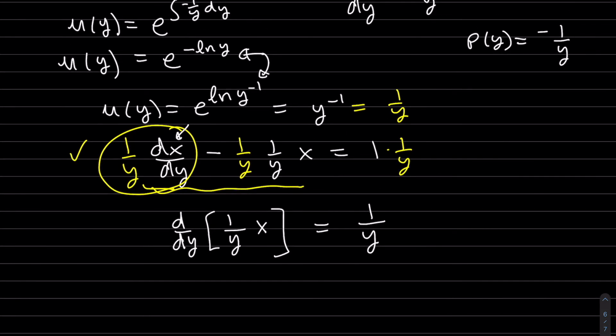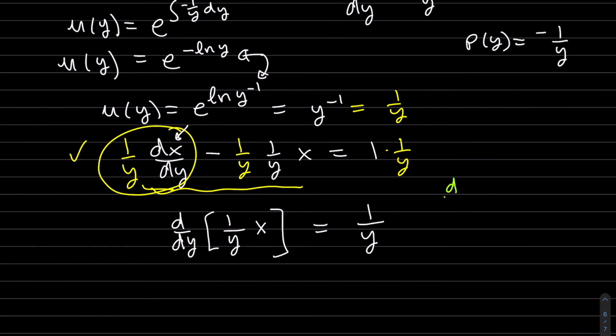And over here, it's 1 over y. So before we go on, we do want to check this product rule. The derivative in terms of y of 1 over y x is equal to, we copy the 1 over y, and then we take the derivative of x in terms of y, which is dx dy, plus we copy the x, and now we take the derivative of 1 over y in terms of y, that's y to the -1, which is minus y to the -2.